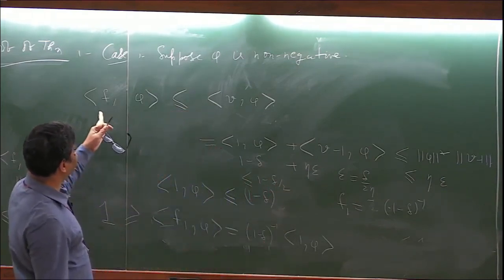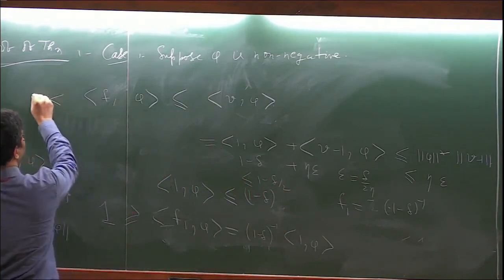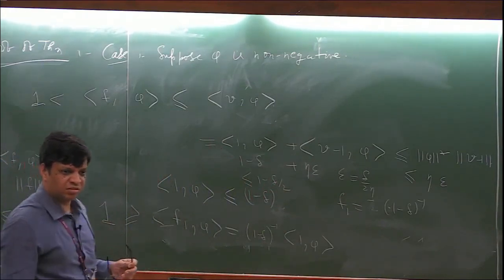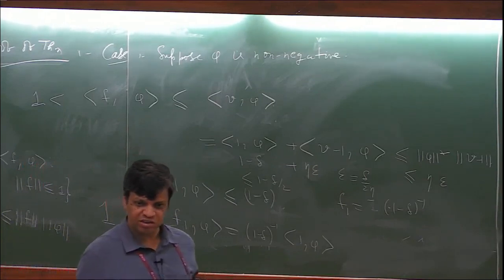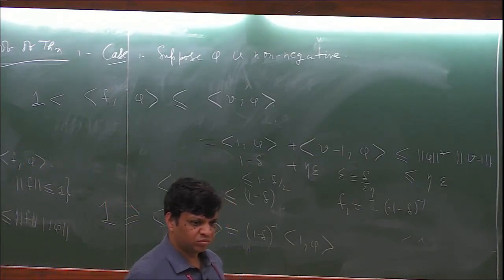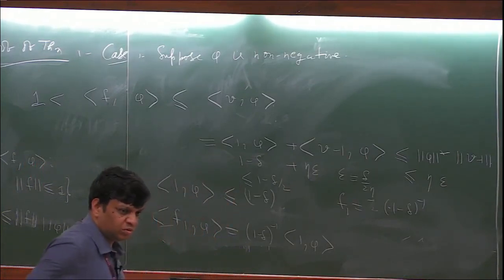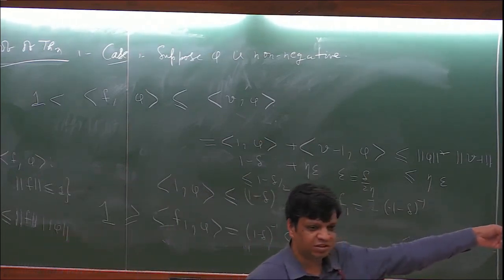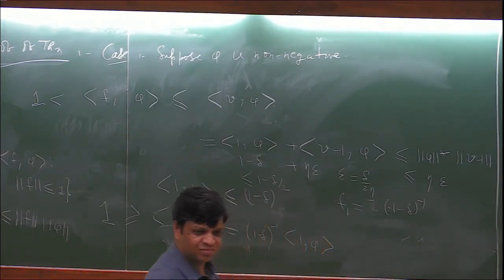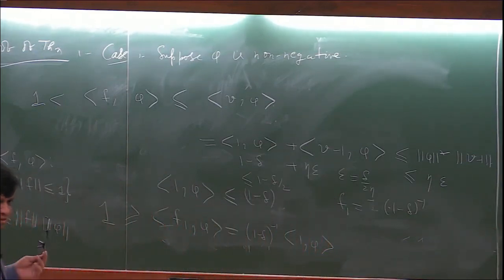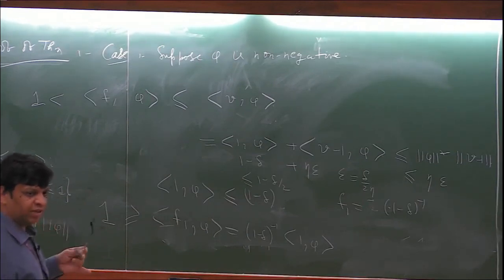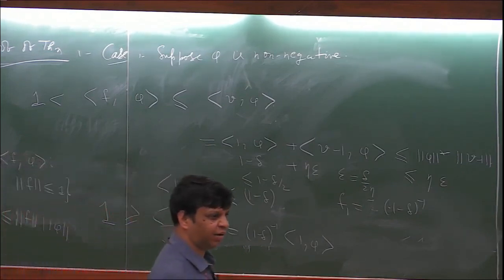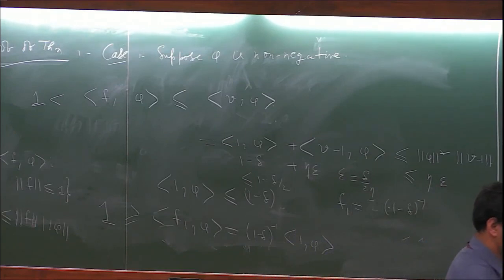But on the other hand, this is greater than 1, and hence I obtain a contradiction. So far, if this phi is a positive function, I have not even used the fact that this is an algebra norm.